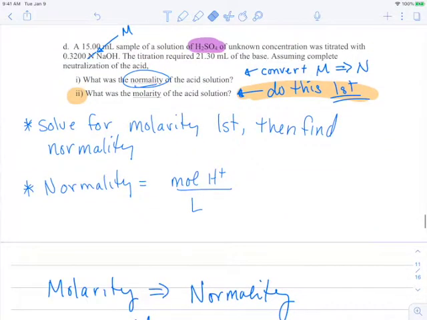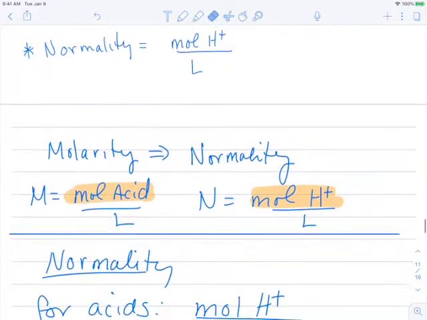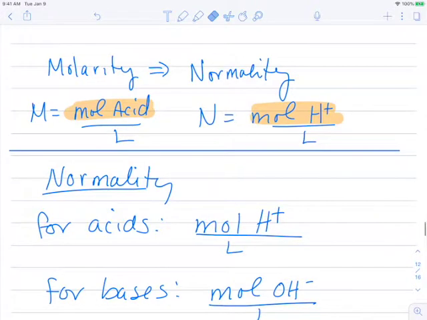All right, so let's talk about that normality. The difference between molarity and normality is that molarity is moles of acid and normality is moles of hydrogen. Why we care about this is if you have something like sulfuric acid, H2SO4, that 2 means there's twice as much hydrogen ion, so it can neutralize twice as much base.